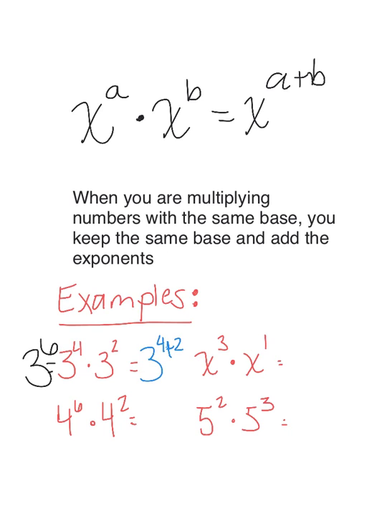Same thing for 4 to the 6th times 4 squared. I have 4 as my base, and then 6 plus 2 gives me 8, so it's equal to 4 to the 8th power. x cubed times x to the 1st is still going to be x, and then 3 plus 1, which equals x to the 4th power. Go ahead and do the next one, and I'll be checking that one tomorrow.